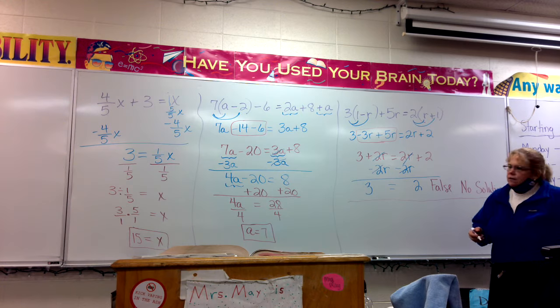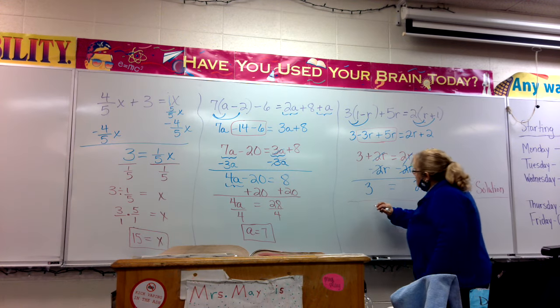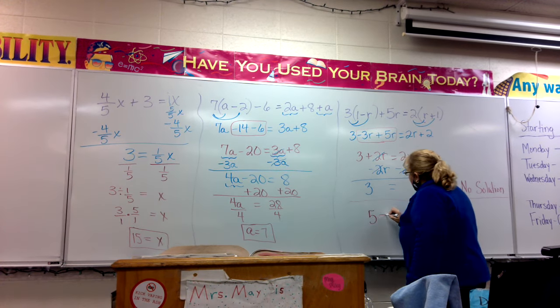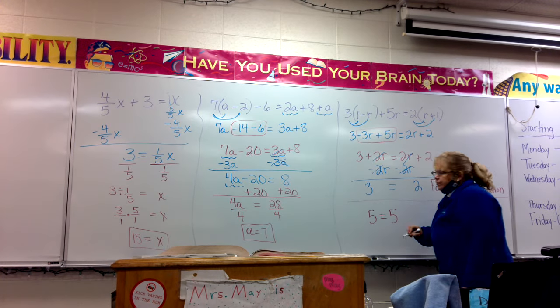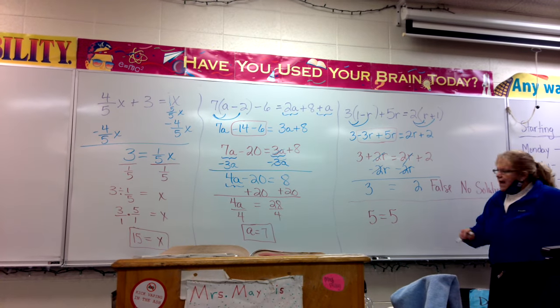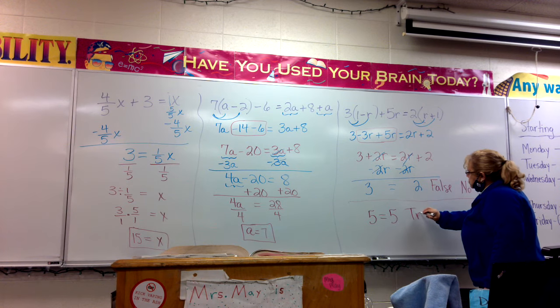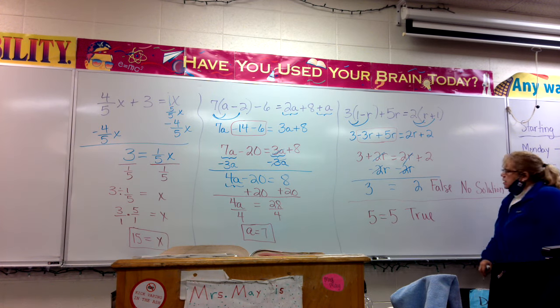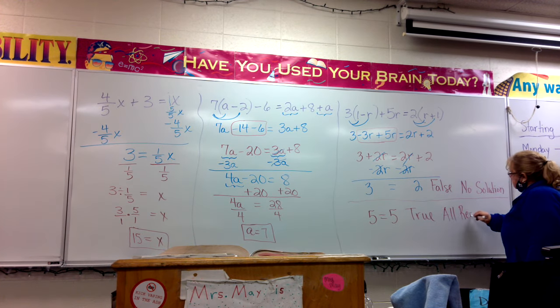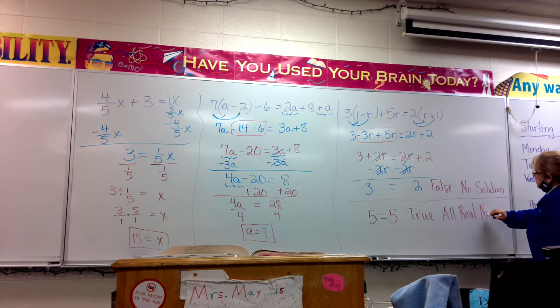If you work it all out and you get something like 5 equals 5, is 5 equal to 5? That's true. It will always be true. So you know what that means? Any real number will work.